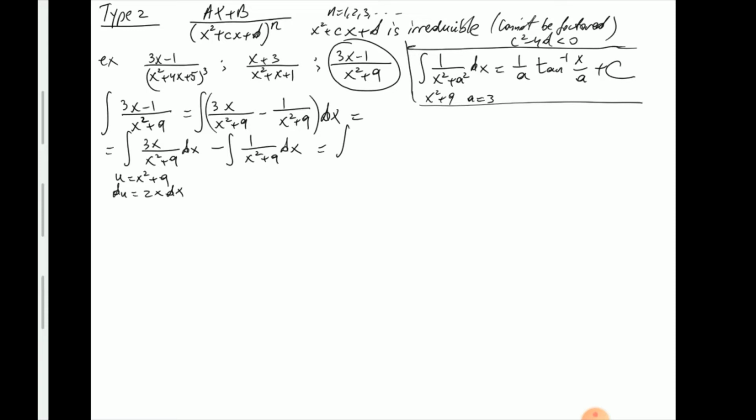So the first integral becomes 3 times 1 over u, with x dx becoming du over 2. Then the last one is 1/3 inverse tangent of x over 3. So the first one is 3 over 2 ln of u, u being x squared plus 9. And then minus 1/3 inverse tangent of x over 3 plus a constant c.